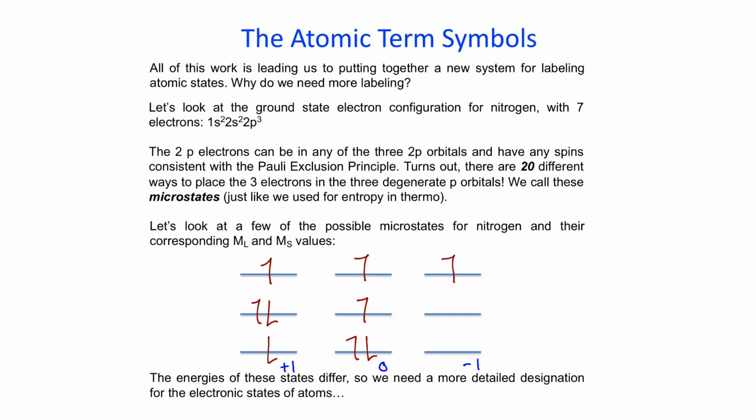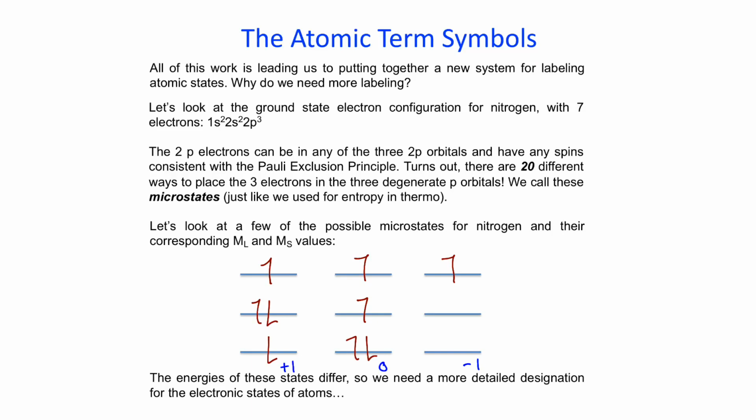I just swapped my positive and negative. It's not going to matter, because when all is said and done and you account for all 20, you're going to end up with the same result, no matter if you have this as -1 and this as +1.